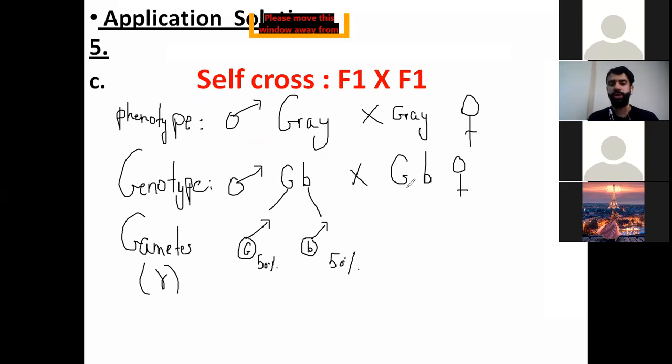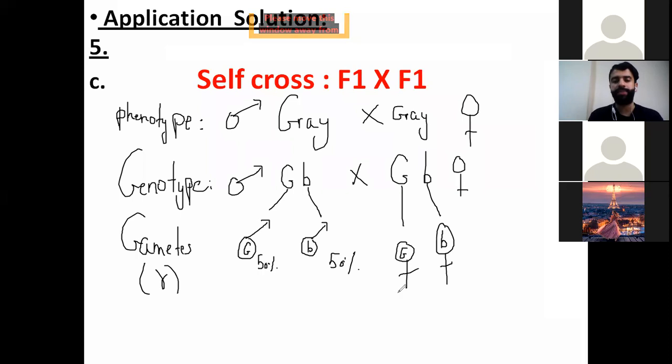While in the female, we also have two different gametes, G and B, both of them 50%. And pay attention, in the exam or in the quiz, the question should be either all percentage or all proportion. But here, I tend to make it mixed because I want you to get used to both the percentage and the proportion.